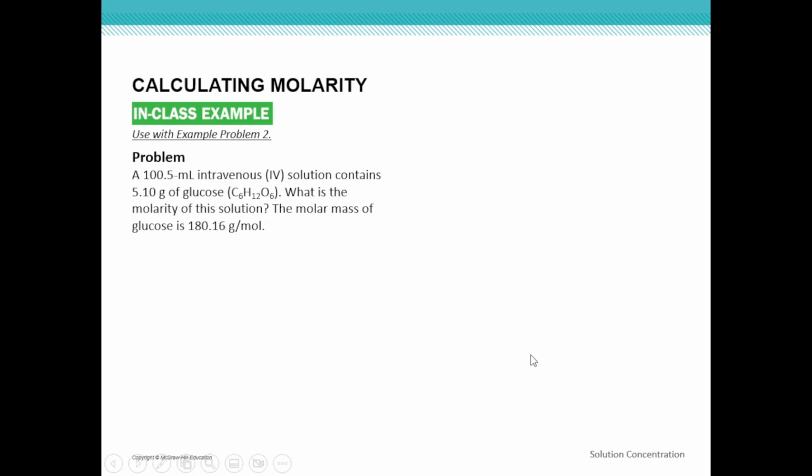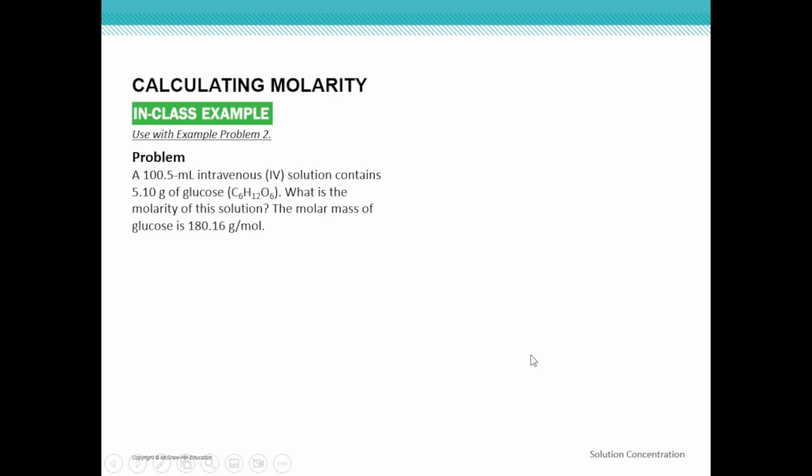So it says 100.5 milliliter IV solution. So that means the entire solution, that's the volume. So V is equal to 100.5 milliliters. And it says it contains 5.10 grams of glucose. That is the chemical in question, that is the solute.